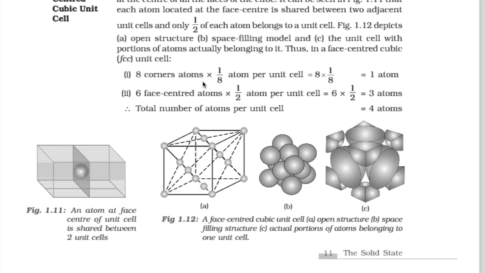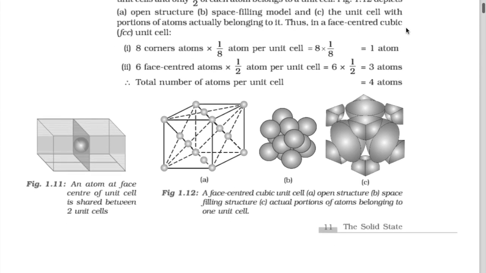Let's see. In a face-centered cubic unit cell, the contribution of atoms present at the corners will be 1 atom: 8 corner atoms multiplied by 1 by 8 atom per unit cell is equal to 1 atom. 6 face centered atoms are there.